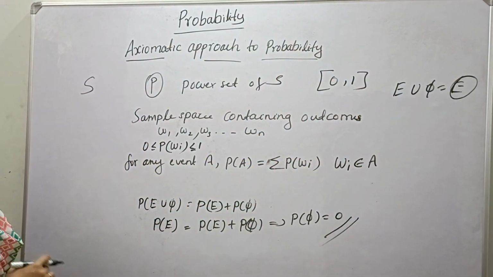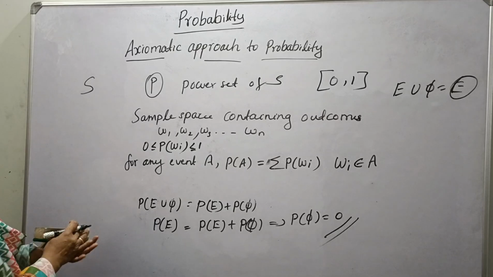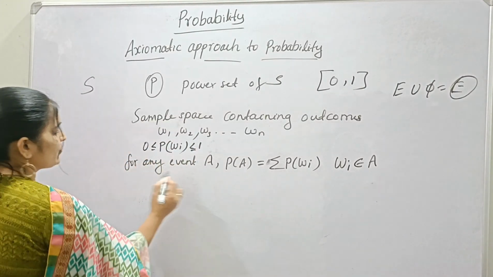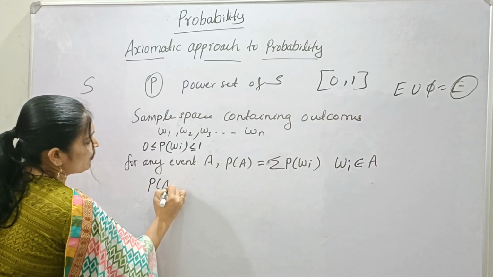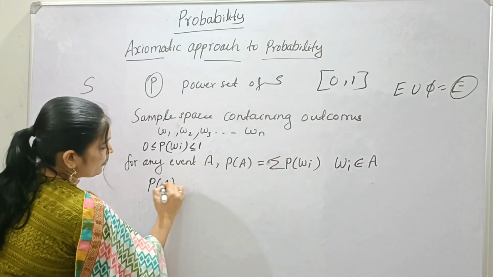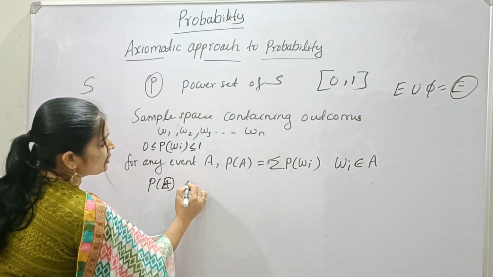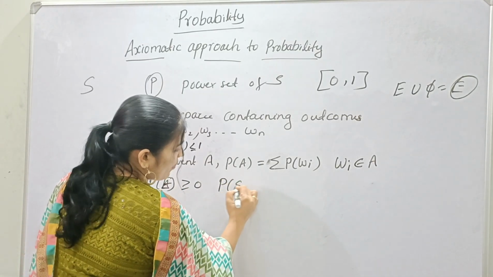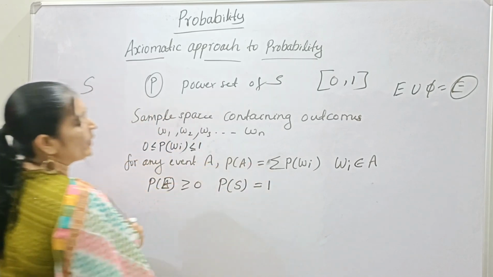I will write once again. First, for any event E, probability of E is greater than or equal to 0, and probability of the sample space is equal to 1.